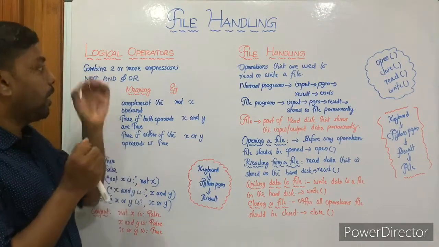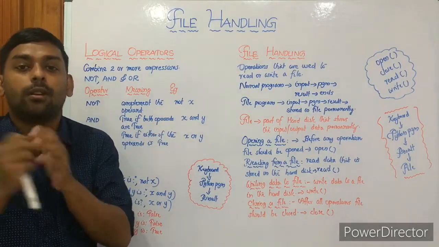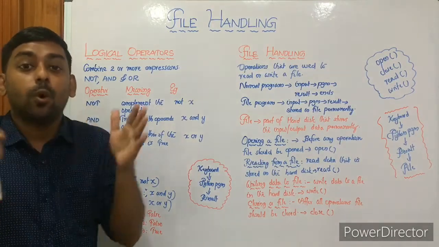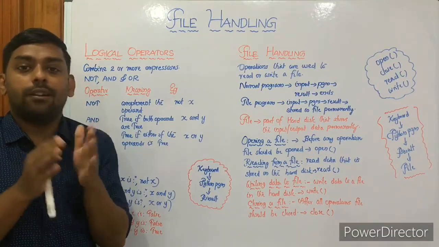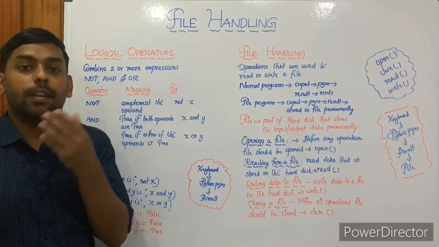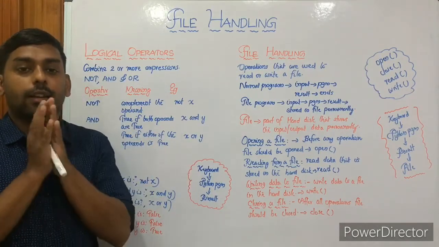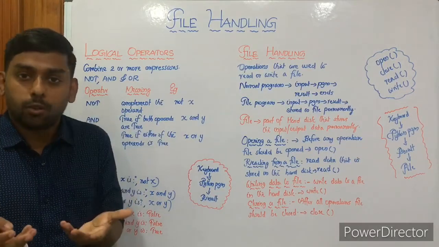Logical operators are a type of operators used to combine two or more logical expressions. And you know what operators actually are? An operator is a symbol that specifies an operation to be performed.